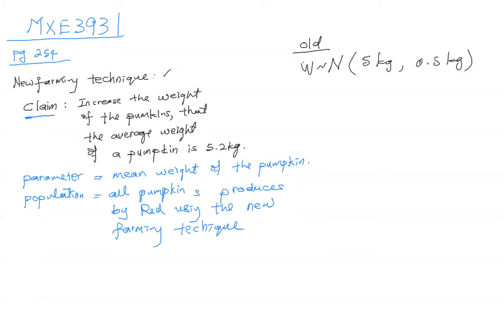Every time you look at a claim, you have to know what your parameter is. Parameter means what you are trying to prove.